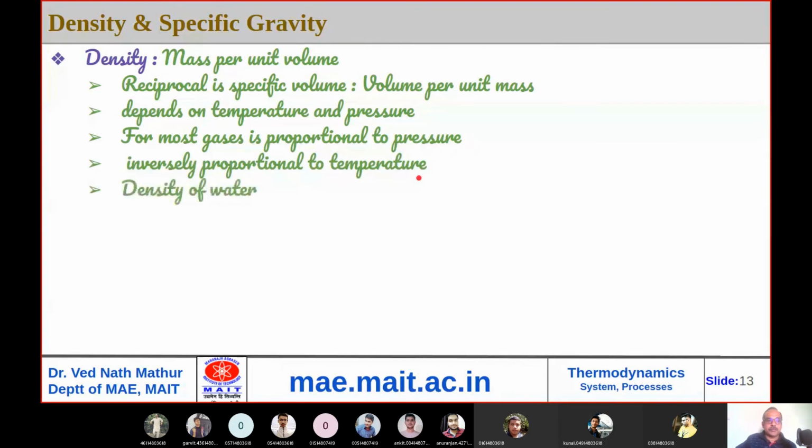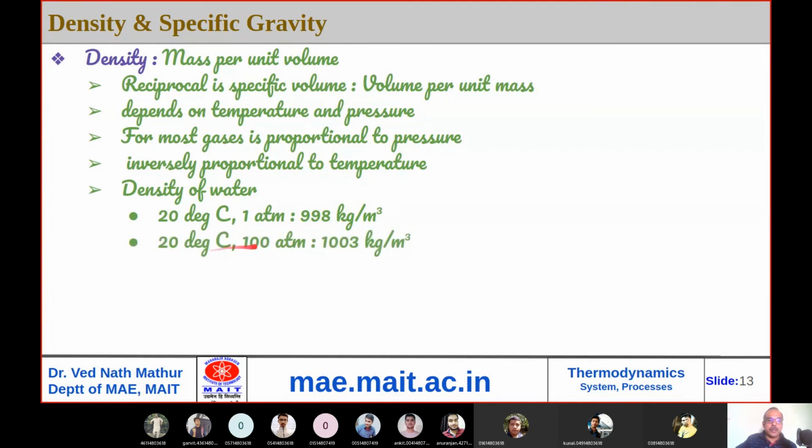Now, if you look at the density of water, it doesn't change much with pressure. At 20 degrees centigrade, 1 atmosphere, it is 998 kg per meter cube. But if pressure is increased to 100 atmosphere, the change is from 998 to 1003. But it does change with temperature.